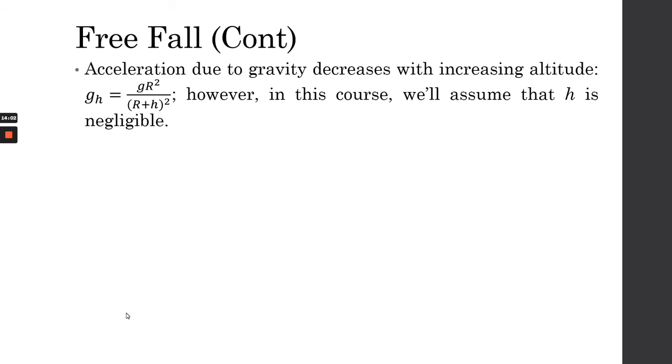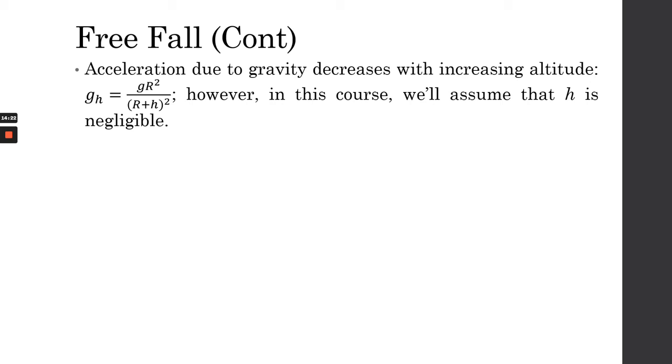Continuing on, acceleration due to gravity actually decreases with increasing altitude. By this equation, we know that if you increase your altitude, if you're at a higher altitude, the gravity actually decreases.